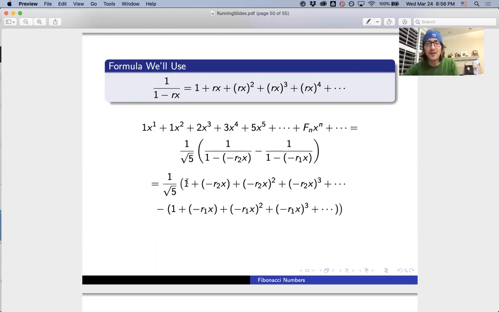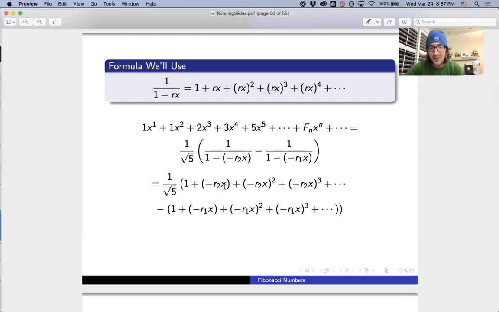And imagine the discovery when they said, oh, cool, now I get to subtract all this. I get to subtract 1 plus r1x plus negative r1x squared, and carry this through. And then imagine the excitement when they saw the 1 minus 1. What's that? That's 0. That means our constant terms cancel. Well, that's pretty doggone good, because we don't have a constant term in our power series. The first thing we get is an x.